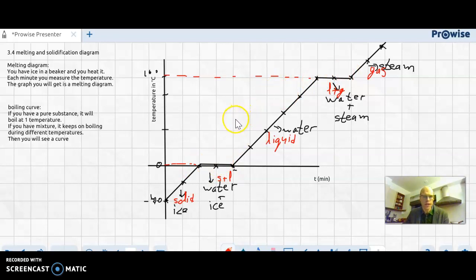We could do the same if we have something that's not pure. For instance, if we have wine. And if we do the same with wine, of course, I'm going to start at a higher temperature, for instance at 20 degrees, because that is room temperature.